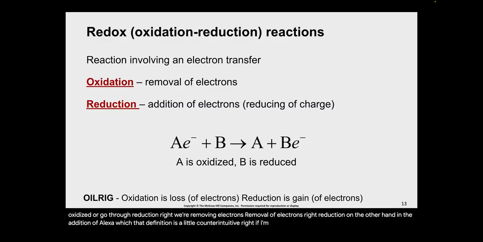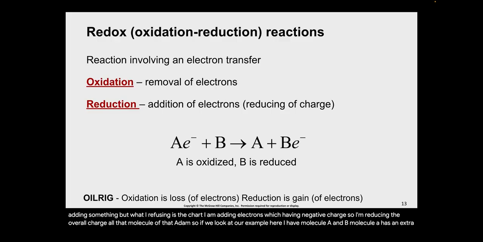If I'm reducing something, it doesn't seem like I should be adding something, but what I'm reducing is the charge, right? I am adding electrons, which have a negative charge, so I'm reducing the overall charge of that molecule, of that atom. Right? So if we look at our example here, I have molecule A and B. Molecule A has an extra electron.